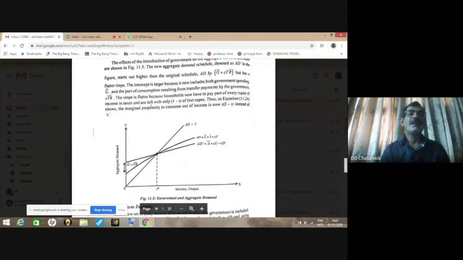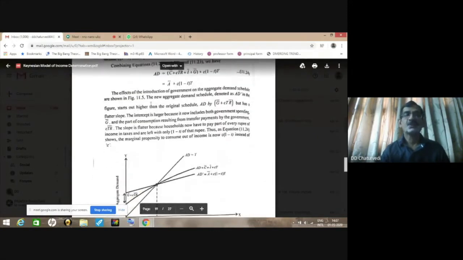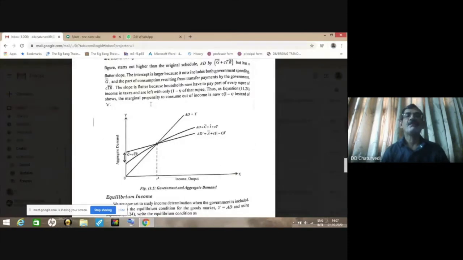Now this can be shown in the form of a diagram, and this is shown in figure number 11.5, where income is shown by the 45-degree line, like what we discussed in the previous two-sector economy case.